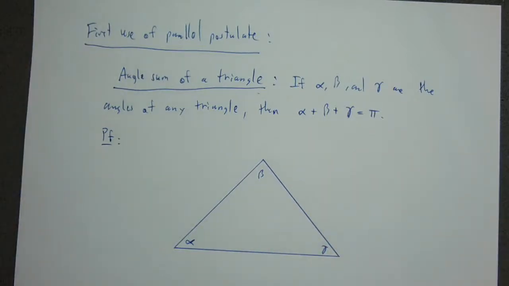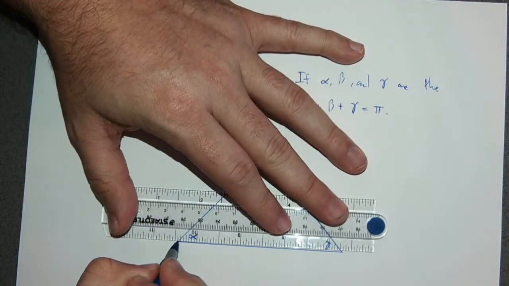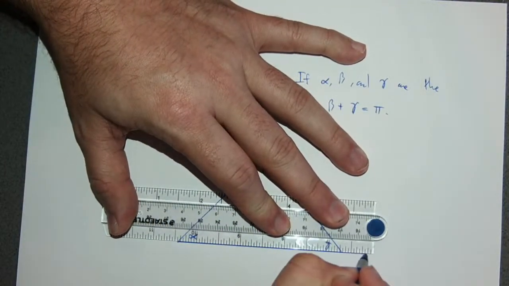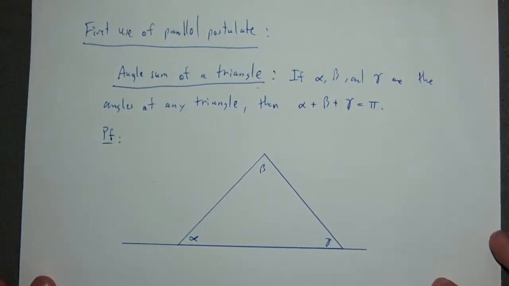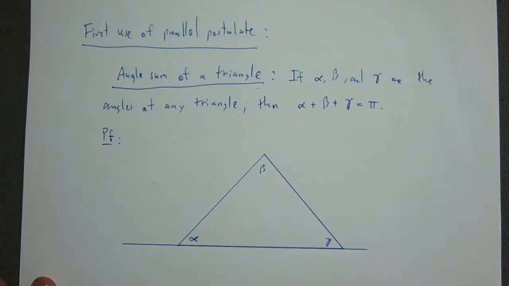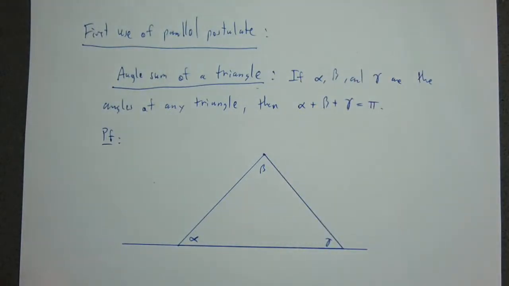The idea is that I could extend this side, this line segment, indefinitely to be some line. Once I've done that, I have a line and a point that is definitely not on that line.